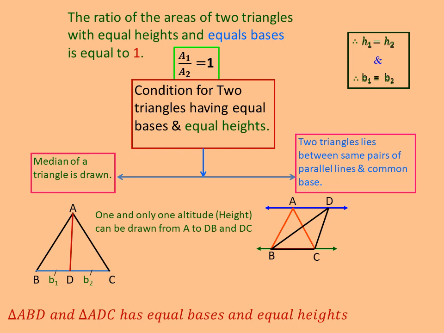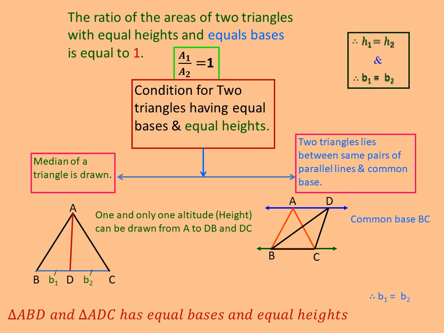So triangle ABC and triangle DBC will have equal height. Why? Because the perpendicular distance between the two parallel lines remains same. So the perpendicular, if you draw from point A on BC, will be equal to the perpendicular drawn from D on side BC.